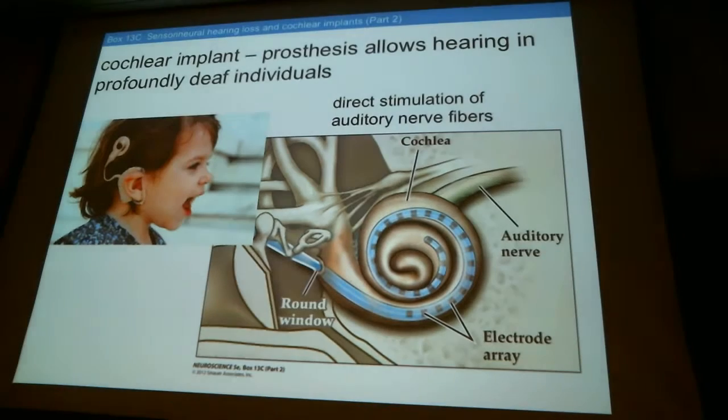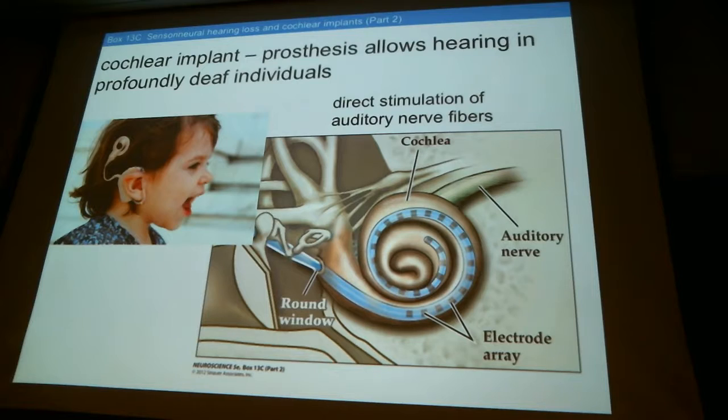Okay. So one last aspect of hearing loss I wanted to talk about is cochlear implants. Roughly 100,000 Americans now have cochlear implants, either in one ear, or some of them in two ears. These are people who have profound hearing loss, not just mildly hard of hearing.